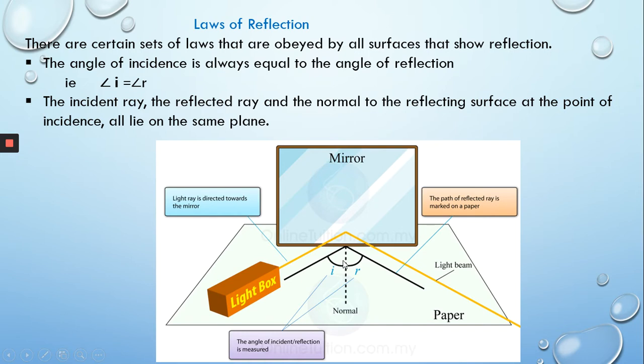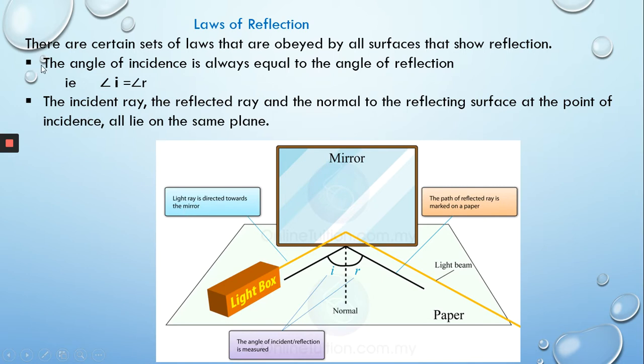After having the idea of all the important terms of reflection, let us discuss the laws of reflection. There are certain sets of laws that are obeyed by all surfaces, whether it is a regular surface or an irregular surface, that show reflection.